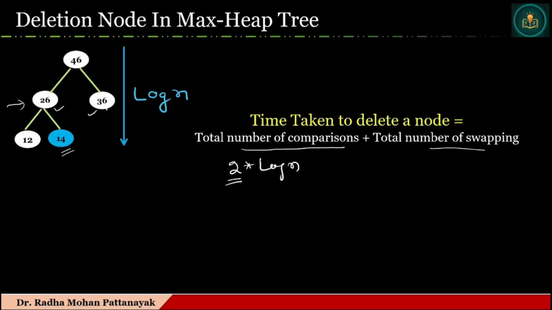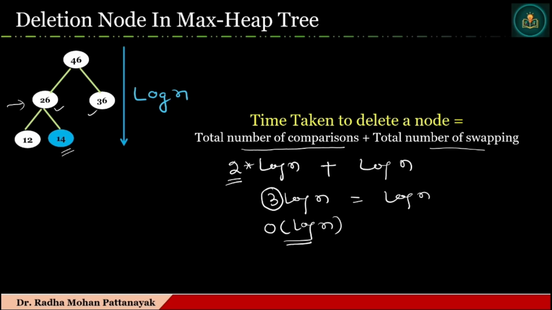Left child as well as right child. Then you find the higher element. That's why 2 multiplied by log n, plus how many swappings? Only one swapping in every level. That's why log n. So 2 log n plus log n, that is 3 log n. And you know that in complexity there is no meaning of a constant value. That's why we can write it as log n time. Clear? And when you represent the complexity in big O form, that becomes big O of log n.